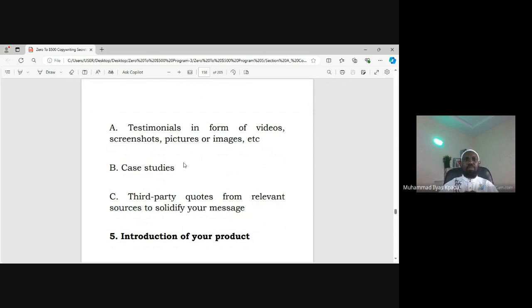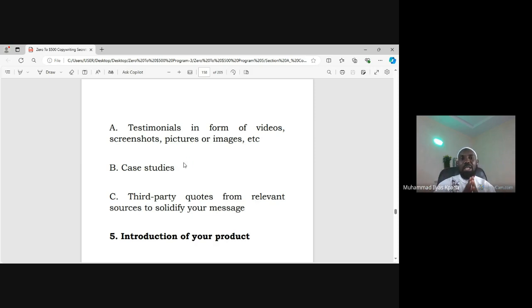For instance, if you want to add a third-party quote from something Daily Trust posts, there are strategies to go about it. If the person who made the statement is an authority bigger than the platform, you use the person's name. But if the person is not an authority, you use the platform instead.